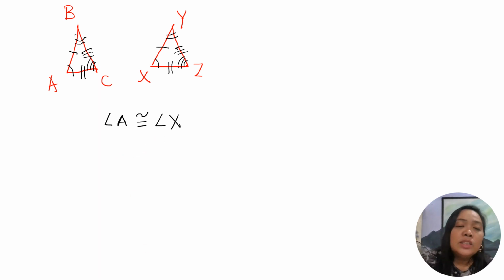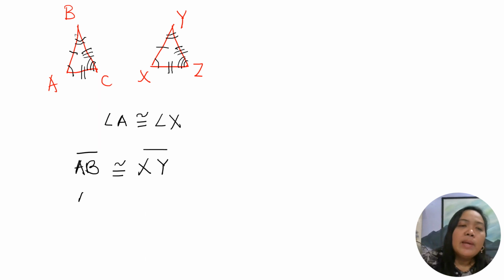congruent. Shall we write down the corresponding parts of triangle ABC that is equal to the corresponding parts of triangle XYZ? Let us start with segment AB. Take note that segment AB is congruent to the corresponding part on the other triangle, segment XY.